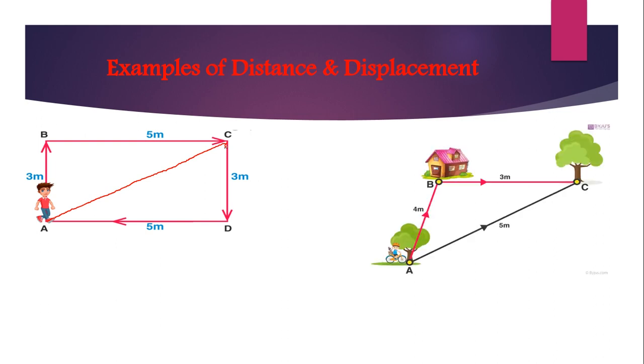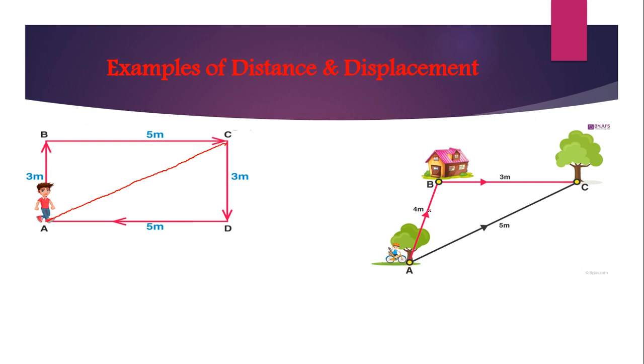Let's discuss one more example. In this example, let's say this rider on this bicycle starts moving from position A and then reaches position C. What will be the distance traveled by him?